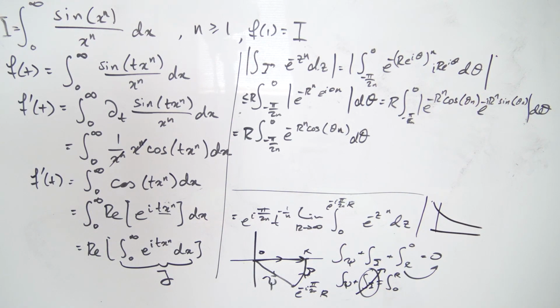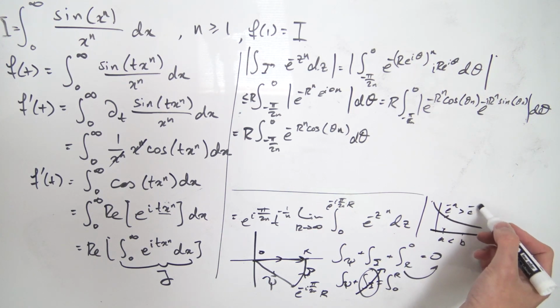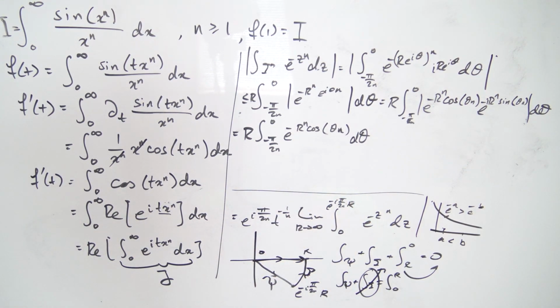And one of the properties of this is that if you pick two values a and b, so if a is less than b, then e to the minus a is actually greater than e to the minus b. And of course we have this r to the n right here, that's just some scalar multiple, it doesn't really affect this relationship right here, as long as it remains positive.